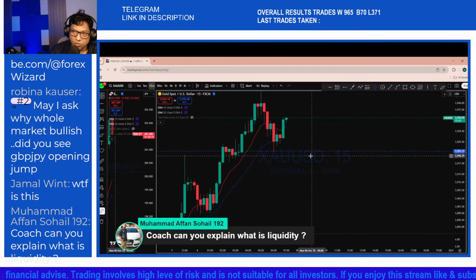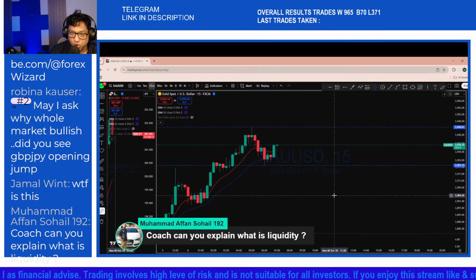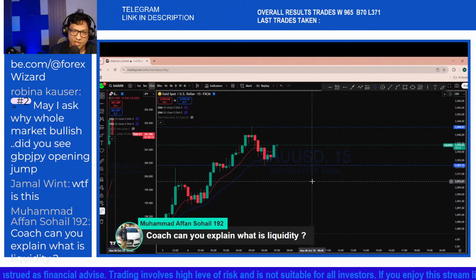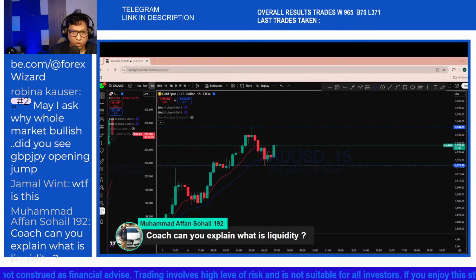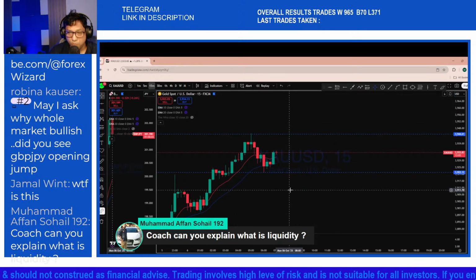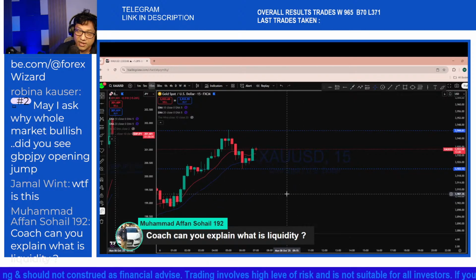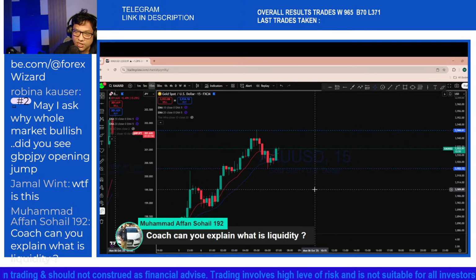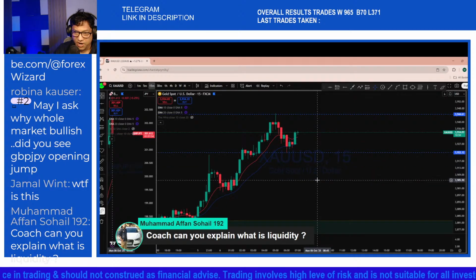It is very important to know, especially if you are trading based on the smart money system. Do you have any idea about liquidity? If you don't, you can understand how the market moves, especially when there is a break of structure, right? So liquidity is the fuel of the market.